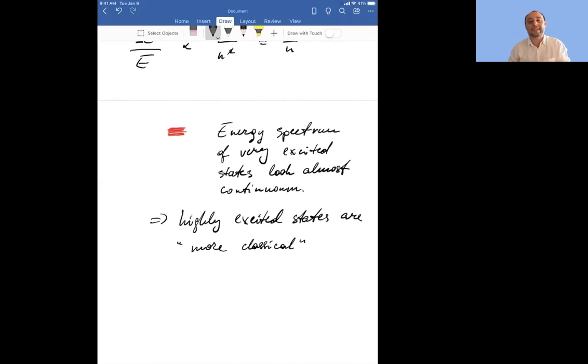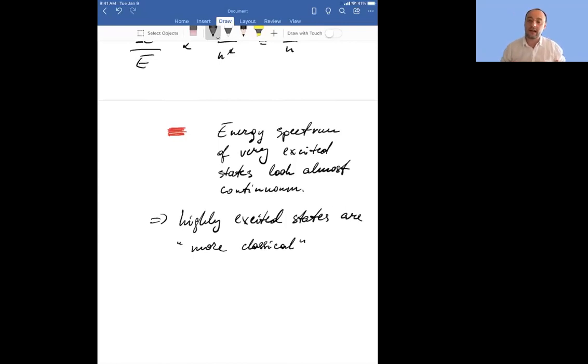And we've already seen this. We've already seen that the quantumness of a particle pops out in certain situations. It depends on the context. But generally, large things like ourselves, we behave classically.